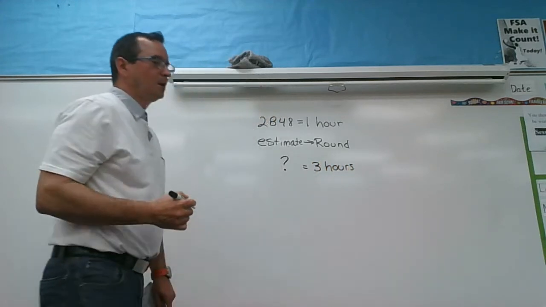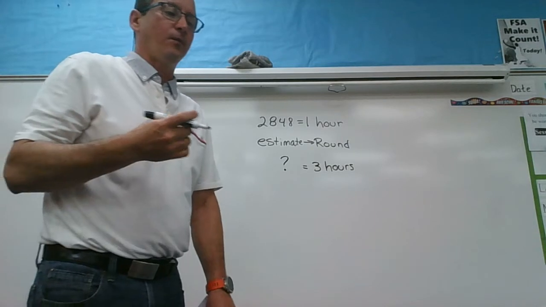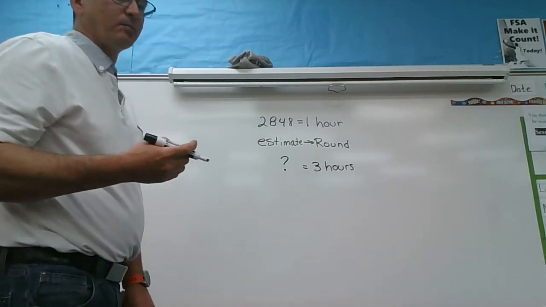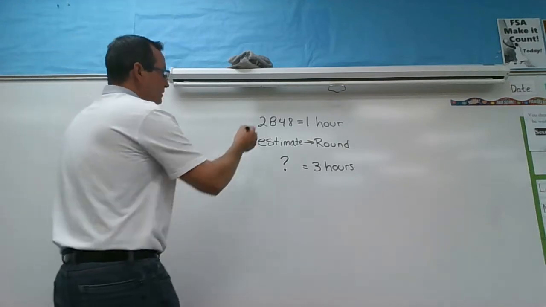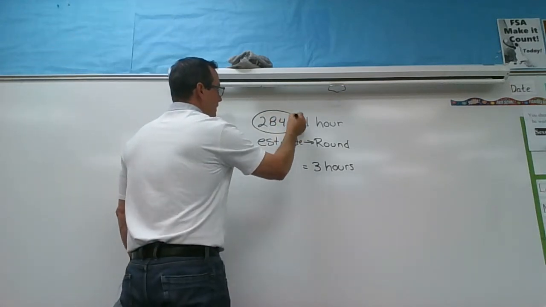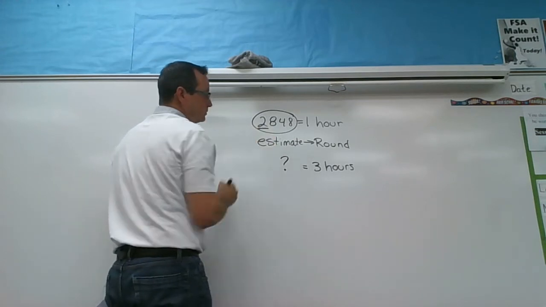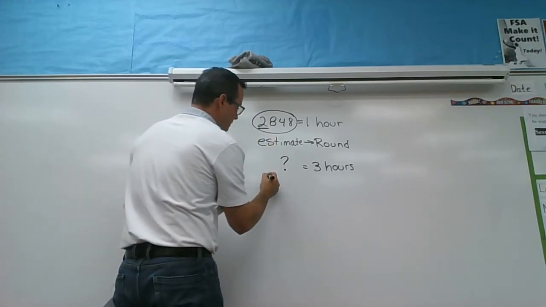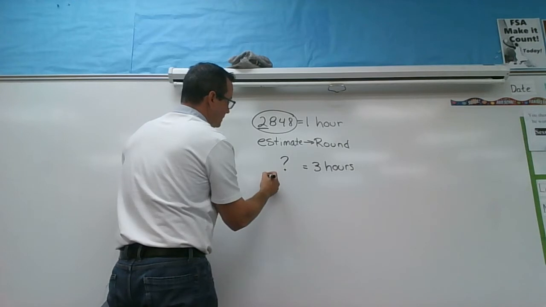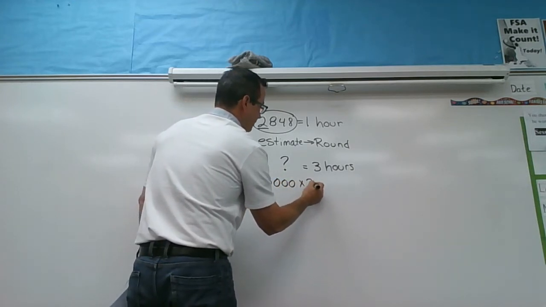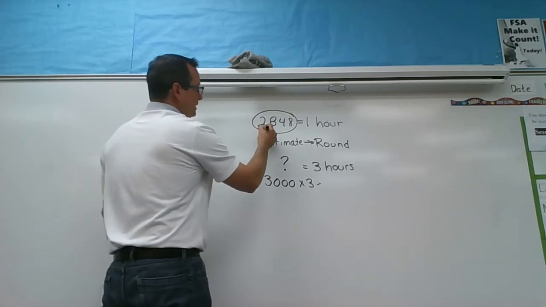Well, instead of doing a 4-by-1 multiplication, regular multiplication, we're going to do quick multiplication, which is rounding. We're going to round it to the thousands place. So we're going to take 2,848 rounded to 3,000 times 3 hours.